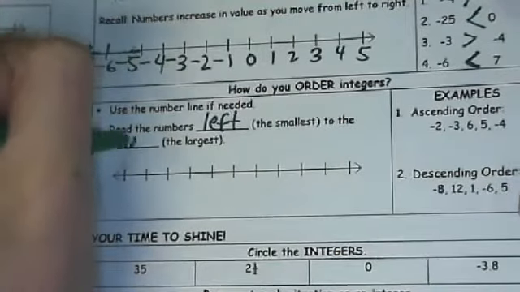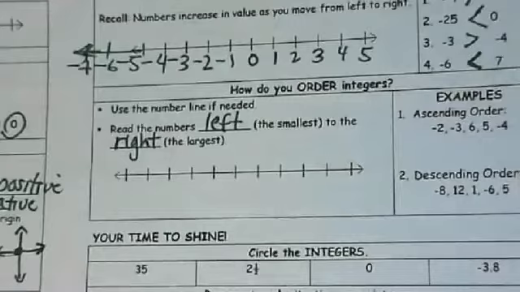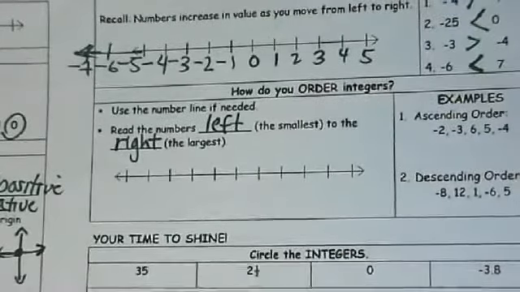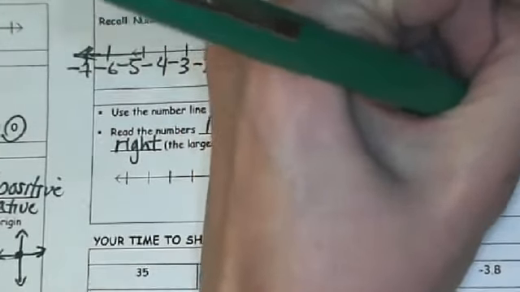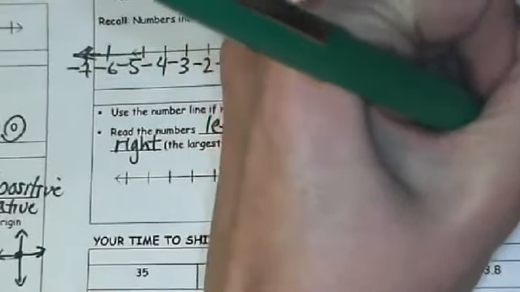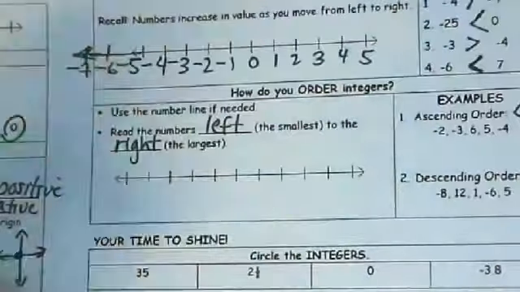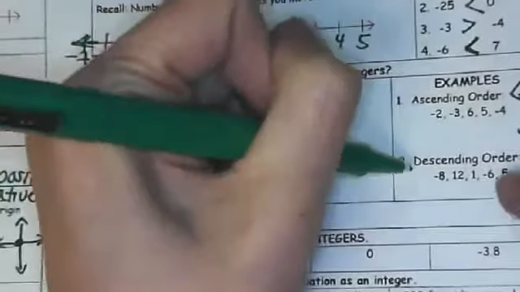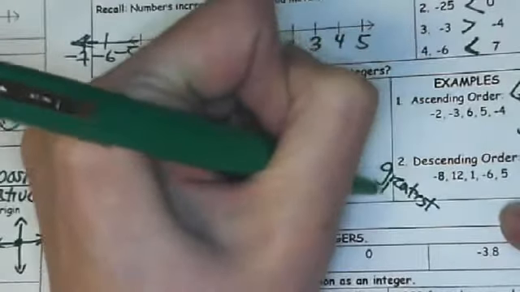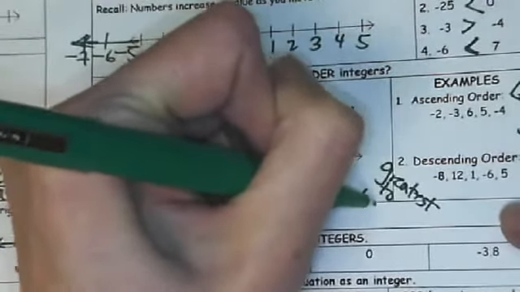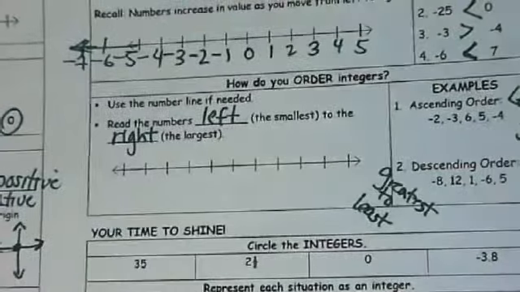Okay? So ascending order is going to be least to greatest. And descending order is greatest to least. And I can put these on the number line if I wanted to.